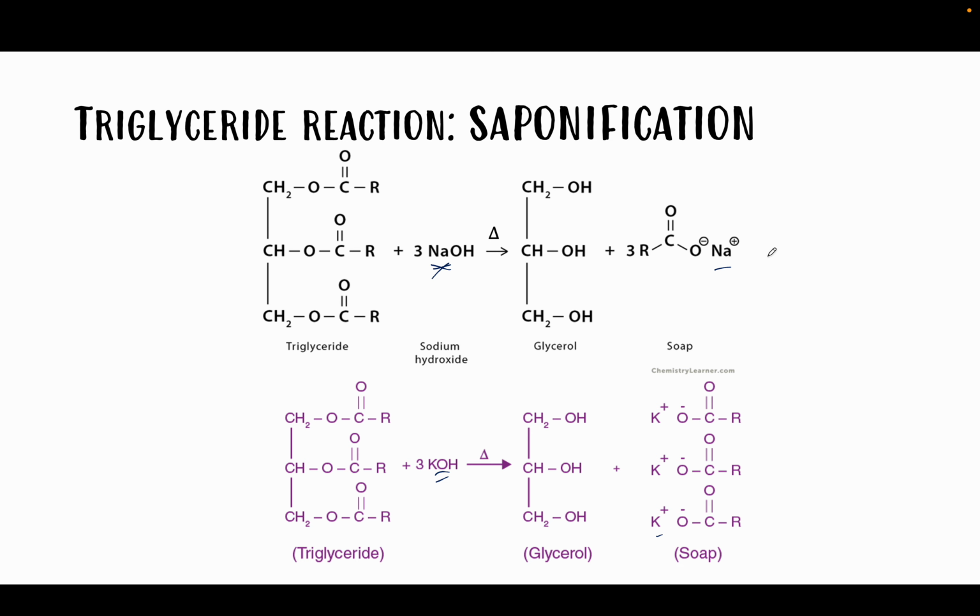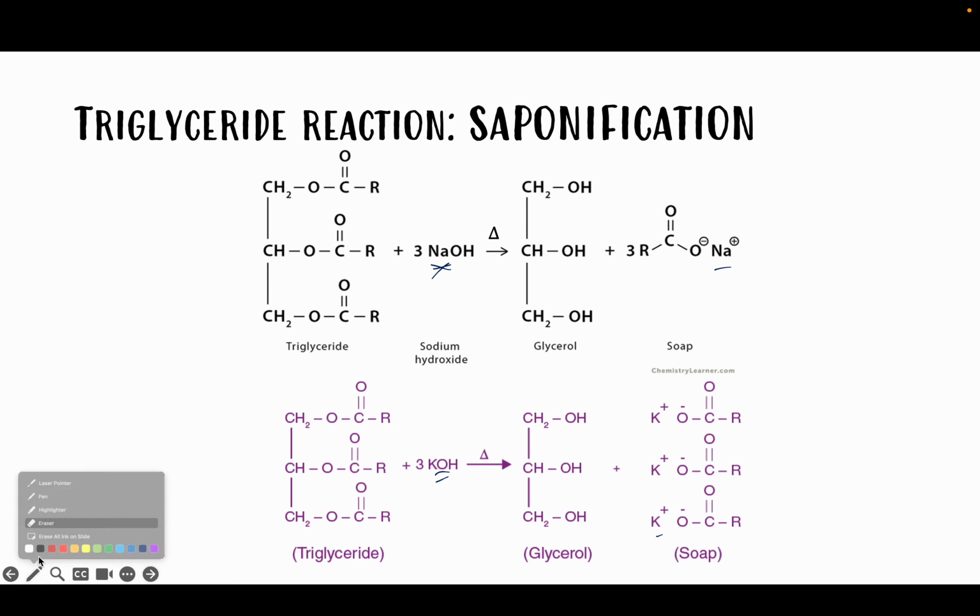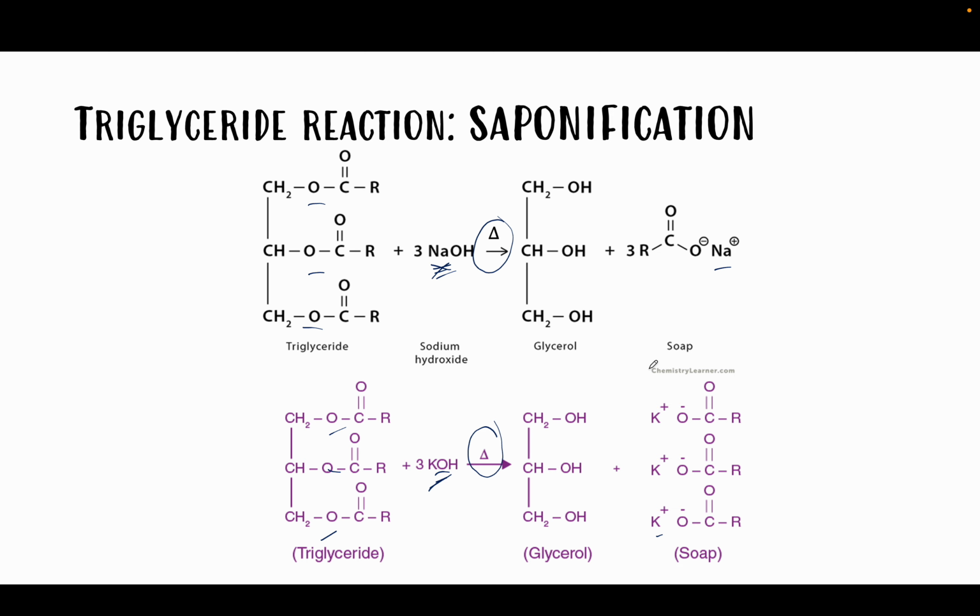The common one is there's always a presence of heat and your strong base, of course your fatty acid chain. Then you form glycerol or alcohol, and then you have your soap. This is the salt, sodium or potassium salts.